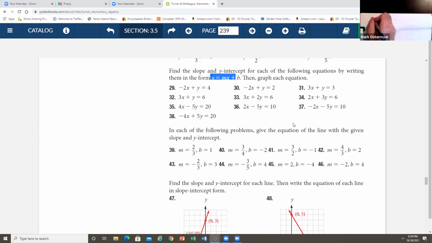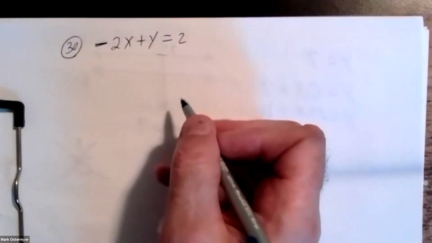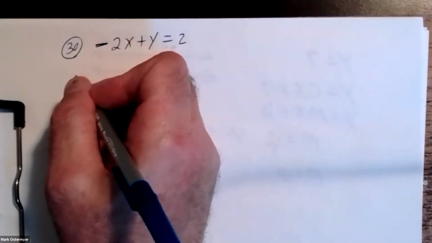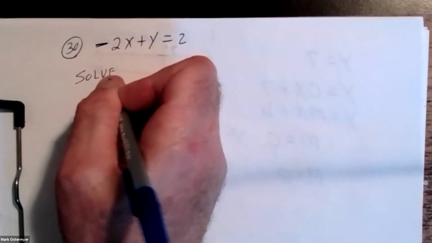So let's look at problem number 30 here. They give you a linear equation, which is negative 2x plus y is equal to 2. And ladies and gentlemen, they want us to determine the slope and the y-intercept of this linear equation. First step we need to do is solve for what?